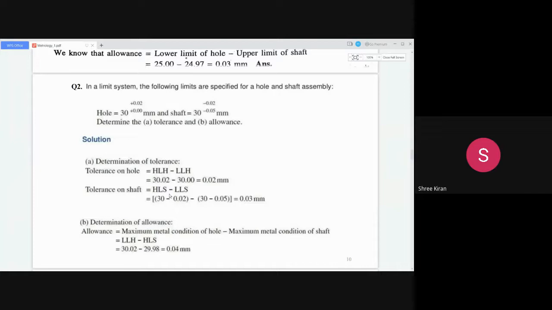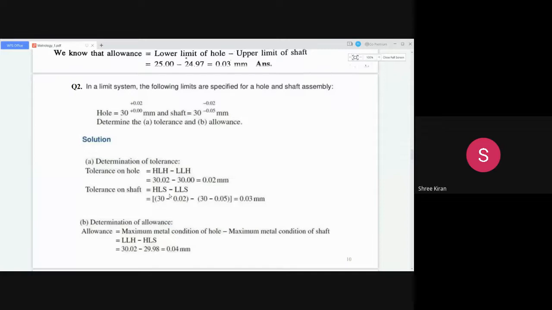In a limit system, the following limits are specified for a hole and shaft assembly. That's what happens in a limit system. The following limits are specified for a hole and shaft assembly.